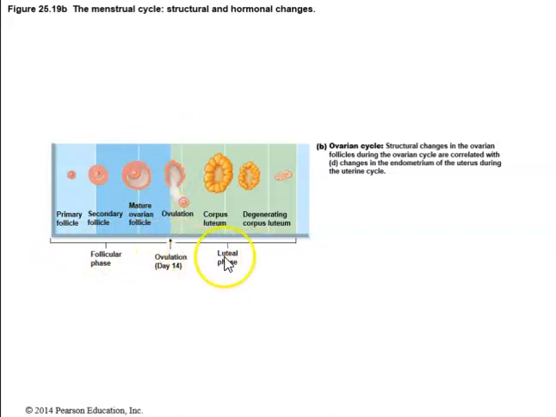And then the luteal phase, when after the egg has been ovulated, you have the structure called the corpus luteum that secretes progesterone and will continue secreting progesterone if there has been fertilization and implantation of the fertilized egg within the uterus. If there has been no fertilization, then it degenerates and becomes absorbed.